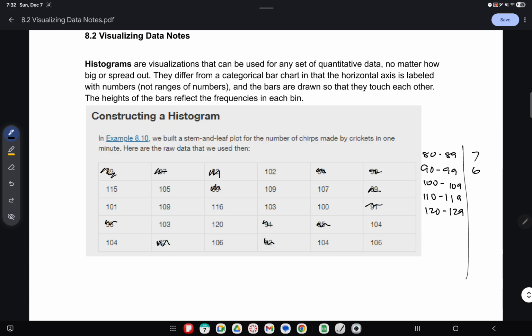And then 100 to 109. So 1, 2, 3, 4, 5, 6, 7, 8, 9, 10, 11, 12, 13, 14. 110 to 119. 1, 2, and then 1.